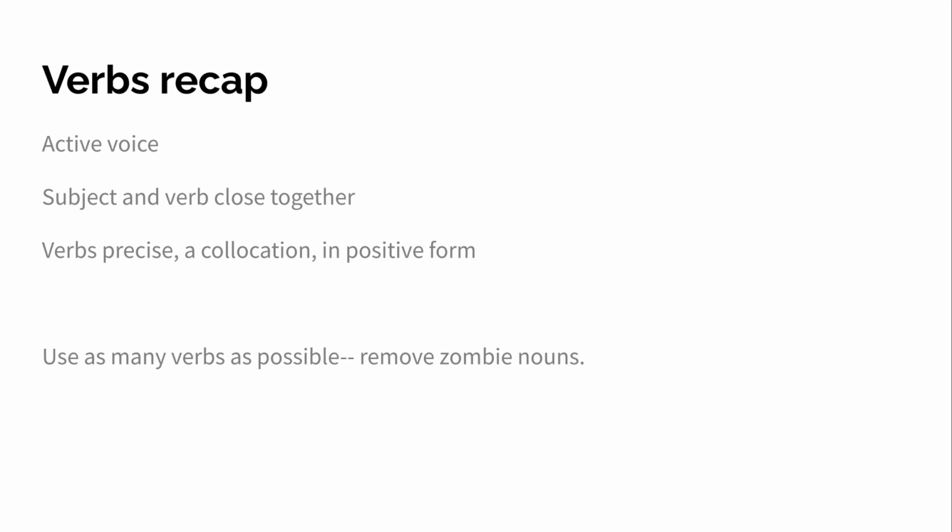On the whole, though, what should you remember about verbs? You should remember that verbs are what pull your reader through the sentence. They are what keep your reader going. They keep your reader reading your text. So you should use as many of them as possible, and you should remove as many zombie nouns as possible.